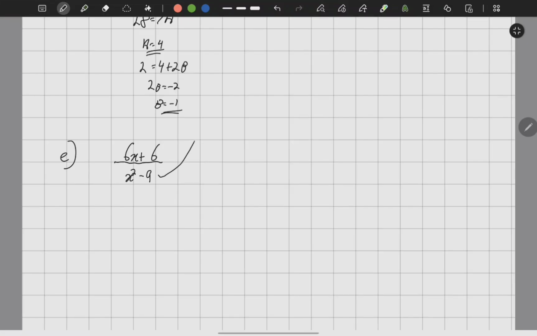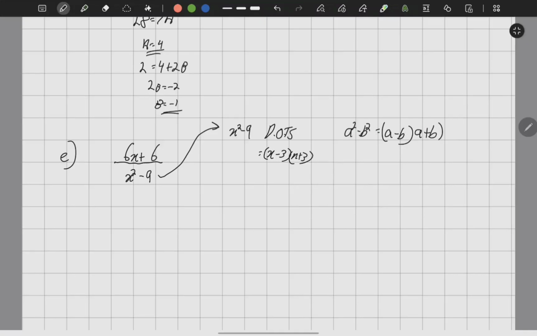If you're clever enough to realize, x squared minus 9 is an example of a difference of two squares. So x squared minus 9 can be written as x minus 3 and x plus 3. This is due to the rule that a squared minus b squared can always be written as a minus b, a plus b, as long as they're both real.